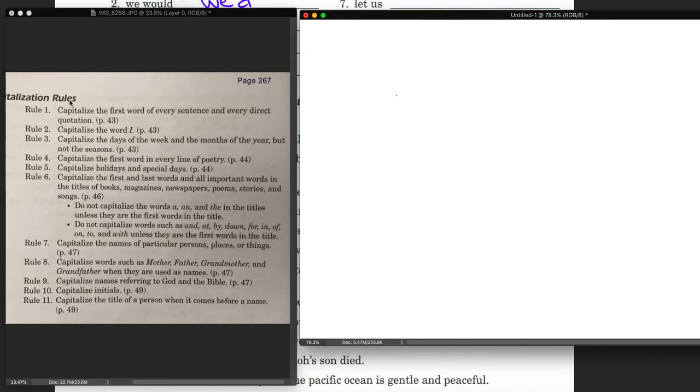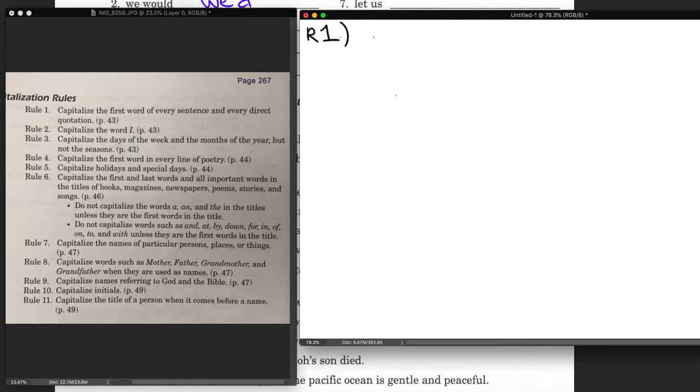So number 1, it says capitalize the first word of every sentence and every direct quotation. So I'll put R1 for rule 1. You all know the beginning of a sentence needs to start with a capital letter.